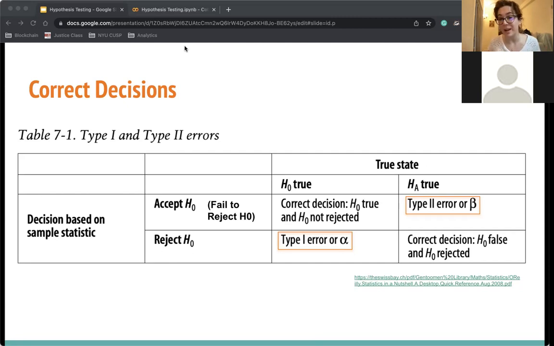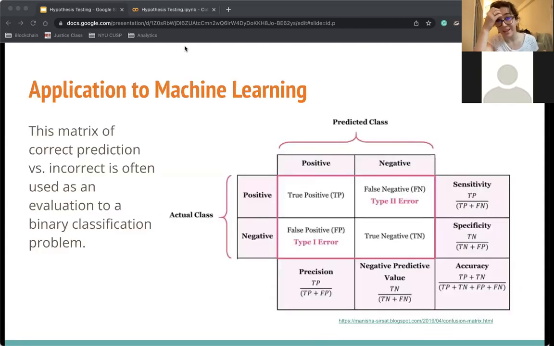This would be a type 1 error, almost like a false positive, where we rejected the null hypothesis to accept the alternative. Meanwhile, there was no relationship between fertilizer and the height.